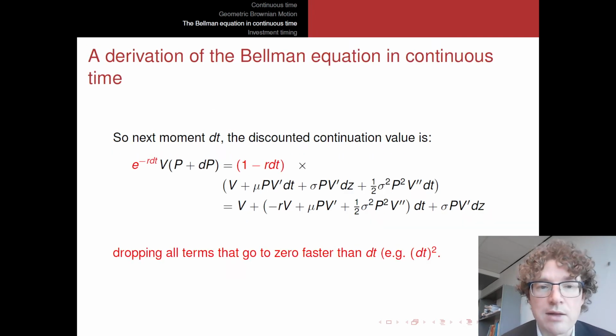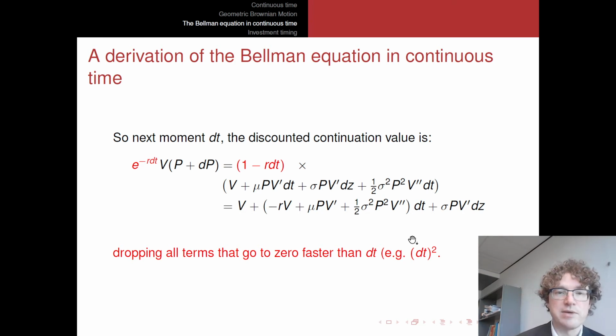Now we can have a look again at this limit that we want to take, which involves not just v at p plus dp itself, but the discounted value of that. So we have to multiply this by the discount factor, e to the power minus r dt, the red stuff here. We also have to approximate that for small dt. As dt gets very small, it gets very close to 1.